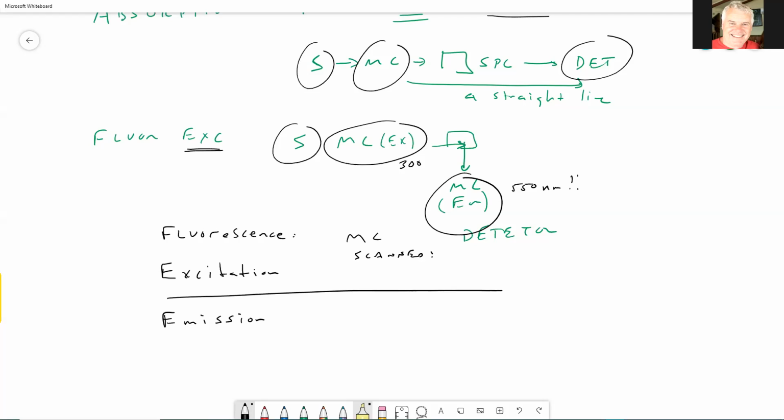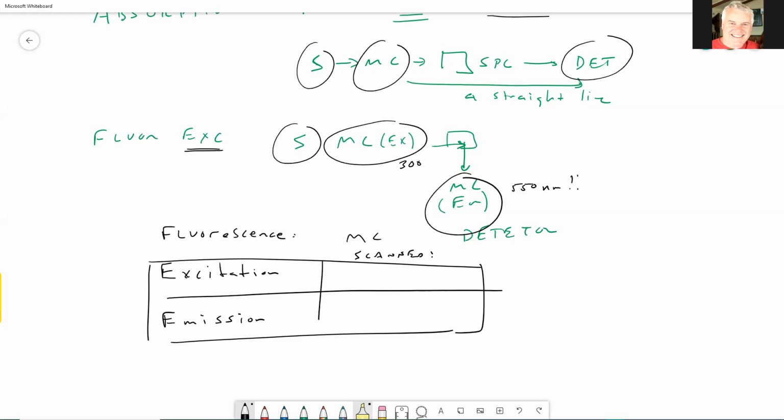Okay, so there's two answers here, right? And MC stands for monochromator, right?